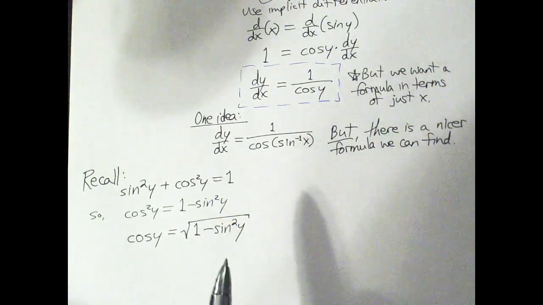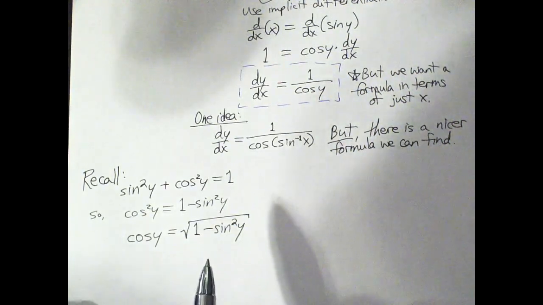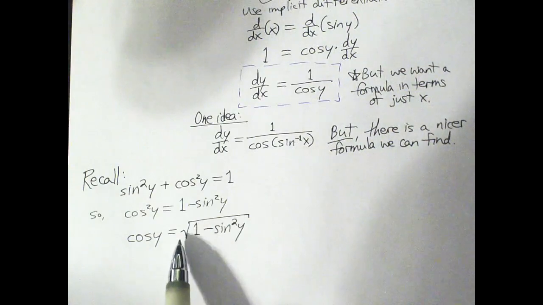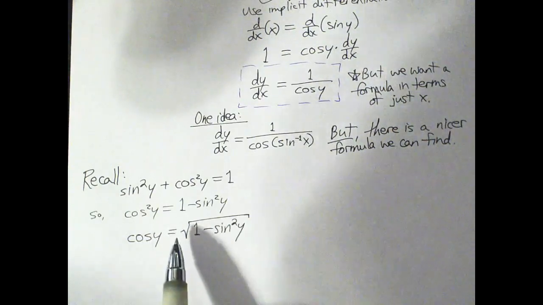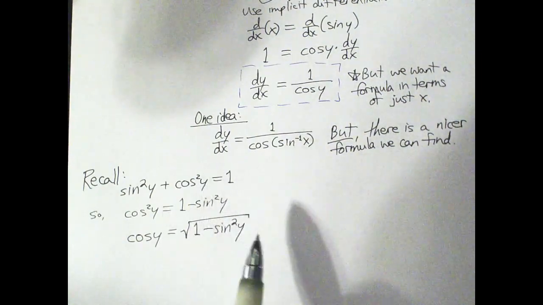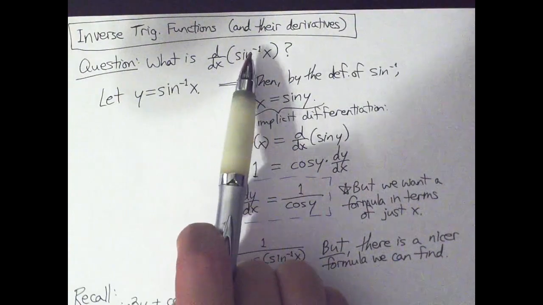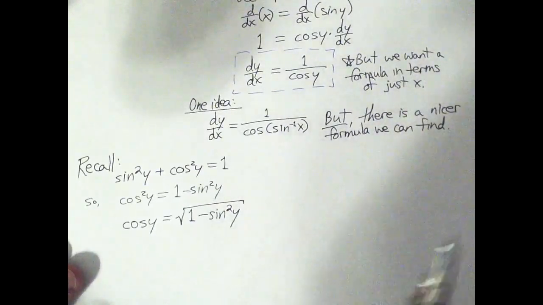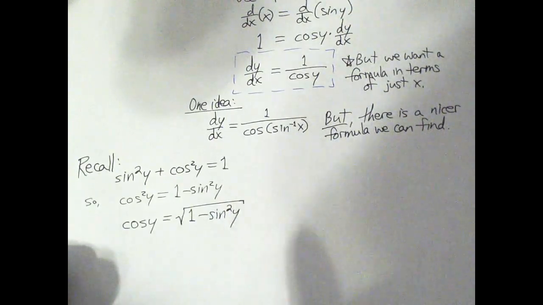So for the x values that we're interested in, cosine is always going to be positive. I didn't go into much detail about the domain and range of inverse sine of x, but that's where this is coming from. Things are positive in this.